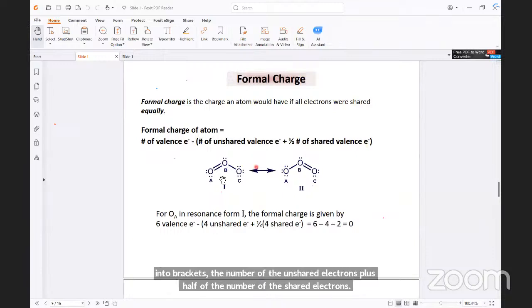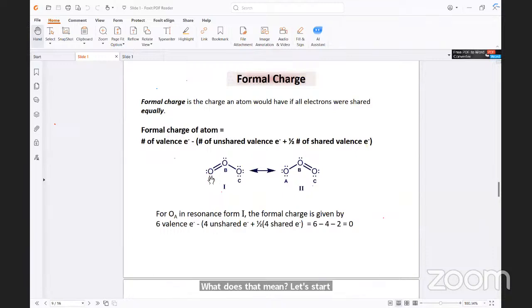What does that mean? Let's start with atom A, the oxygen A. The formal charge of A will be equal to the number of valence electrons. On this oxygen, you have 1, 2, 3, 4, 5, 6.